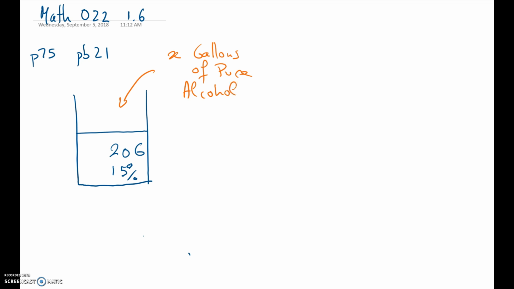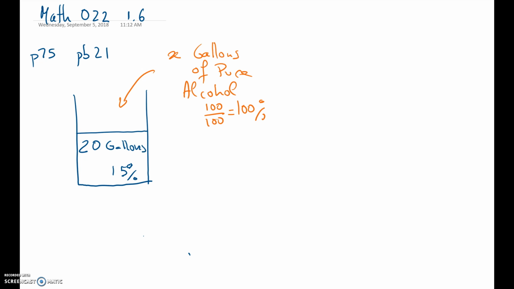If it's pure alcohol, what does that mean? That means that the percentage is 100%, which is 100 over 100, 100% alcohol. We good? Obviously, if you add this X gallon to the 20 gallon you have, and let me just rewrite that, gallons.